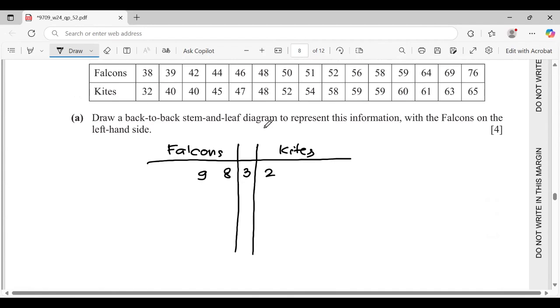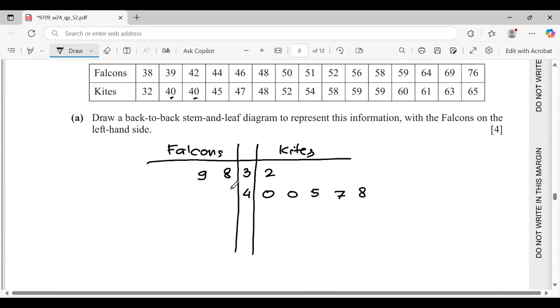And the next data after that for Kites, 40, double 40, so this one, okay, 40, 40 also. After that, 45, 47, 48.